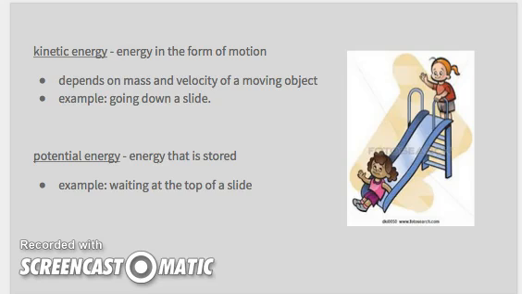And we see right here that kinetic energy does depend on mass and the velocity of a moving object. An example of this would be going down the slide. So we've got these little girls on the playground over here. This one is going, or almost done going, down that slide. She's moving, so she has kinetic energy. And kinetic energy depends upon the mass and velocity of a moving object.